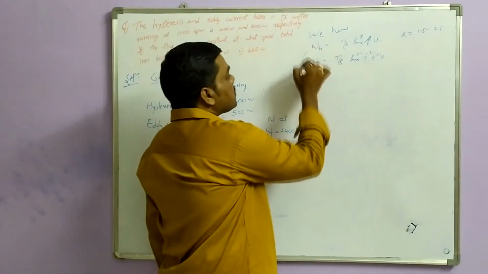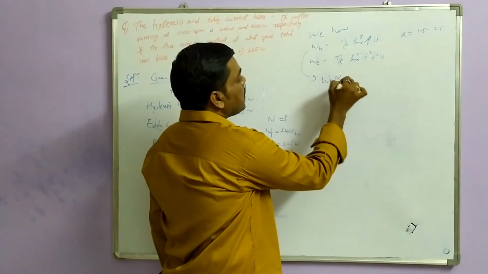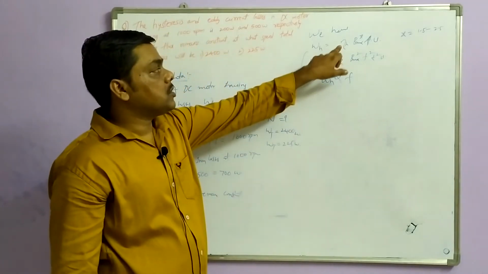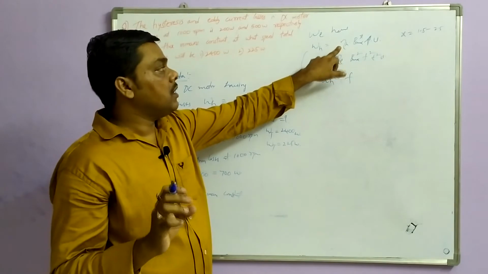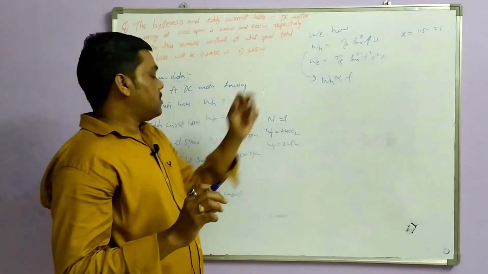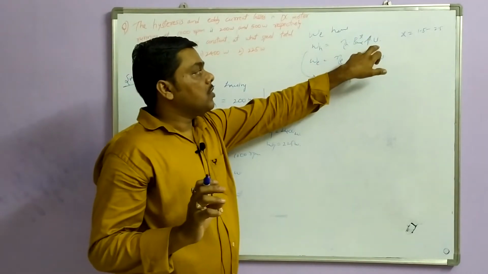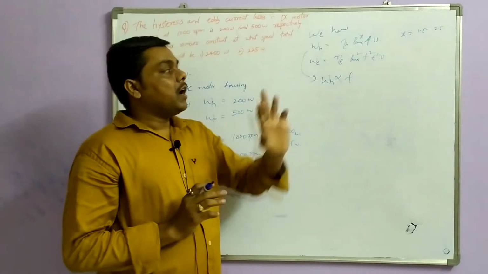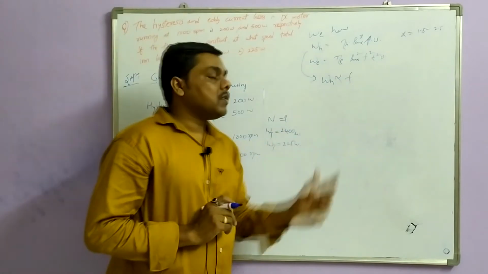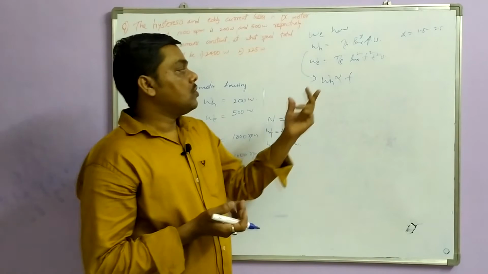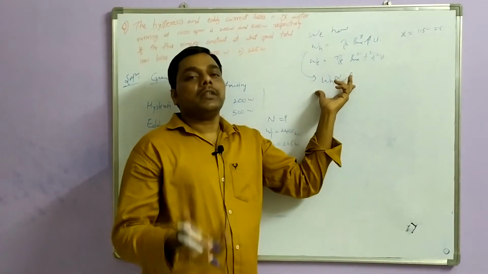Now from this, WH is proportional to frequency, since the Steinmetz constant depends upon the material, and Bmax, the flux, is constant, so Bmax is also constant, and the volume of the material is also constant. So what is this flux? The reversal of flux in the core is going to change.